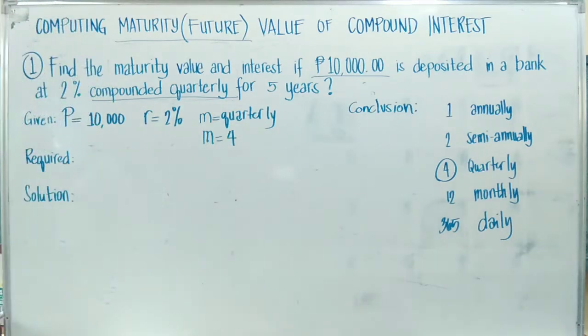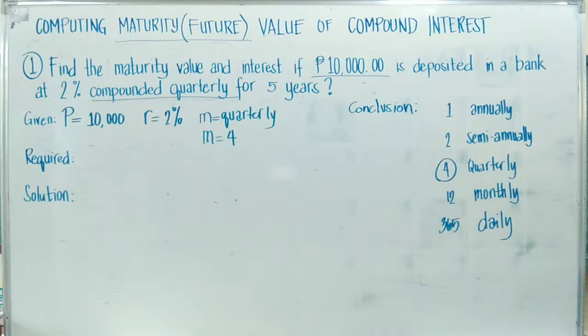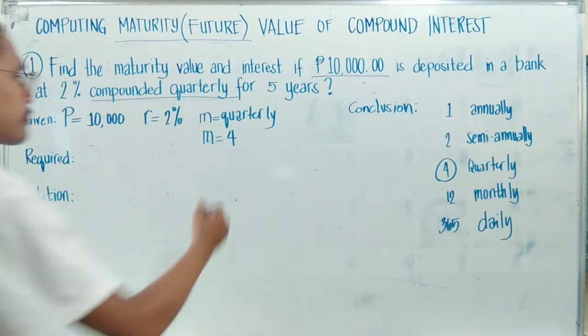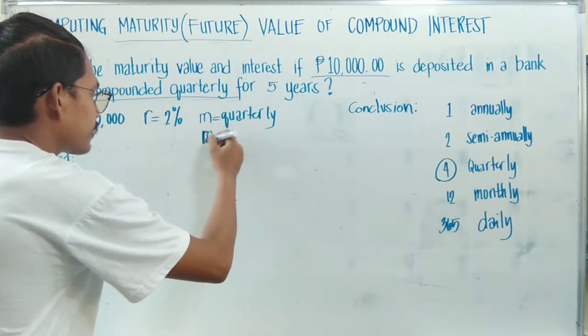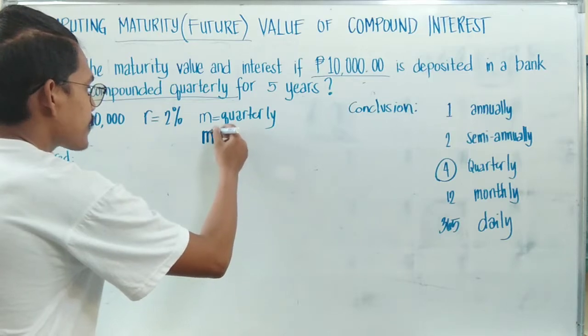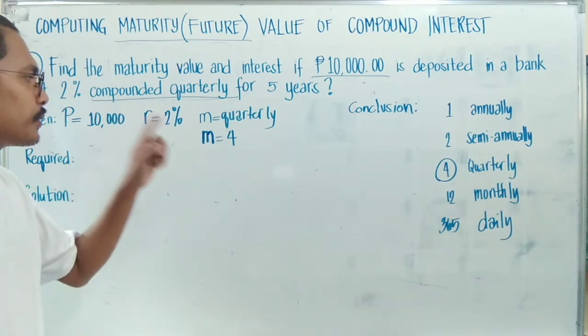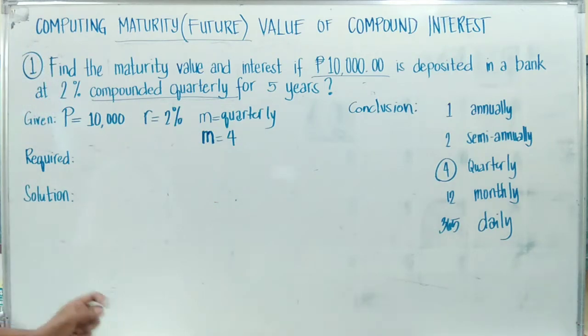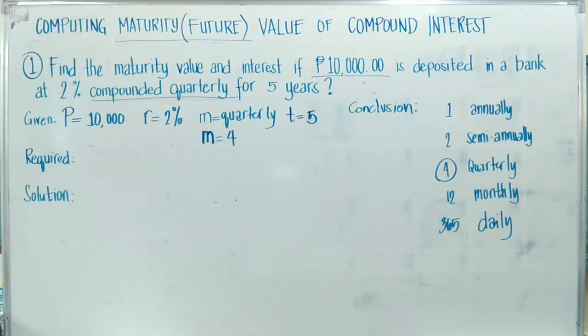So every end of 3 months, or when we say number of conversions, how frequent or how many times does your interest gain or earn each year? So 4 times a year, or every 3 months. Then we have time T equal to 5 years.